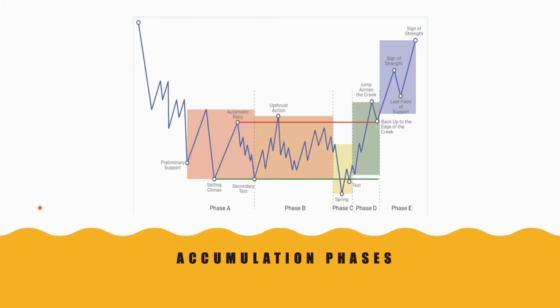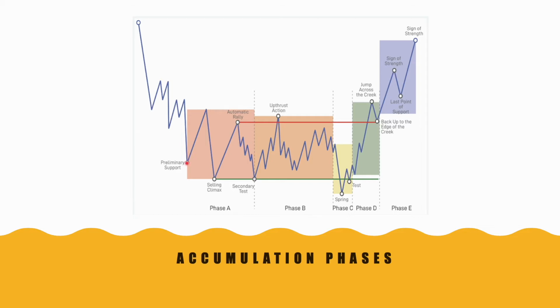Now there are a few phases during an accumulation phase. I will just go over them briefly, and again I refer you to the PDF because the PDF is more extensive, but I don't want to tire you too much. Phase A is the stop of the previous trend.